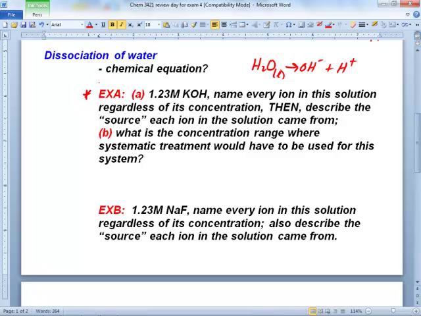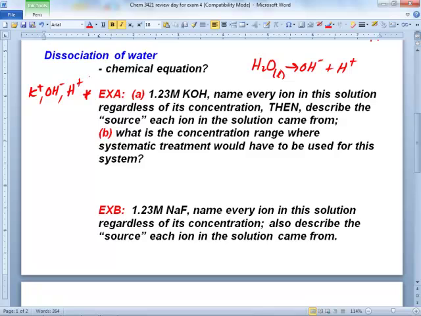K plus, OH minus, H plus. Everybody agree? Should the H plus be listed? Yeah, because of the dissociation of water.